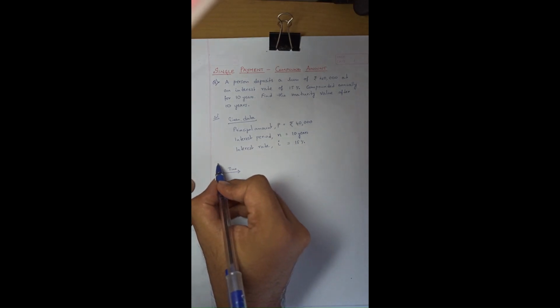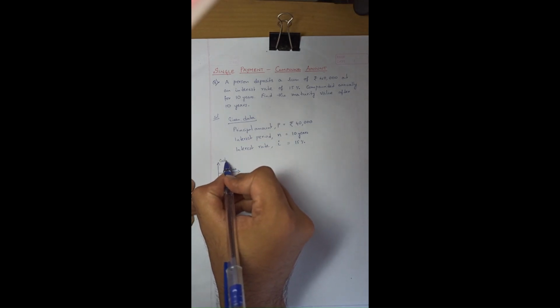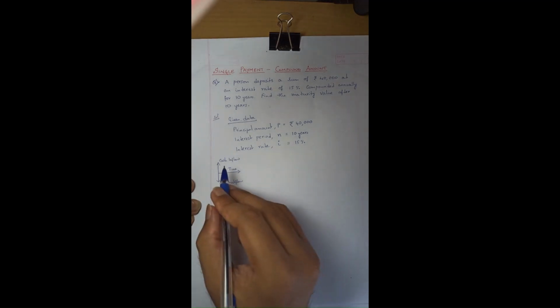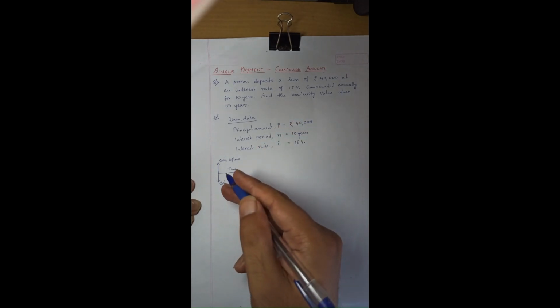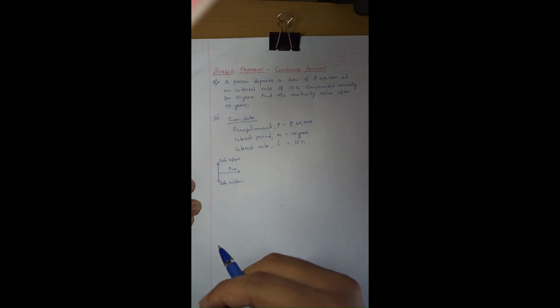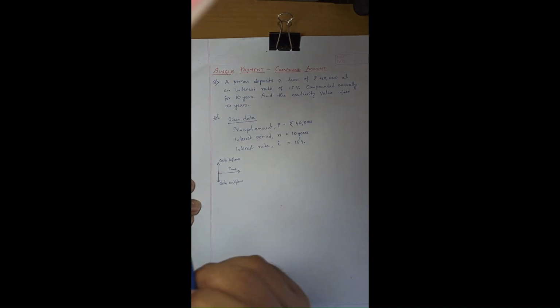Any money which is coming into your account is cash inflow. Cash outflow is any money which you are going to take from your account and put into some other account in this particular timeline.